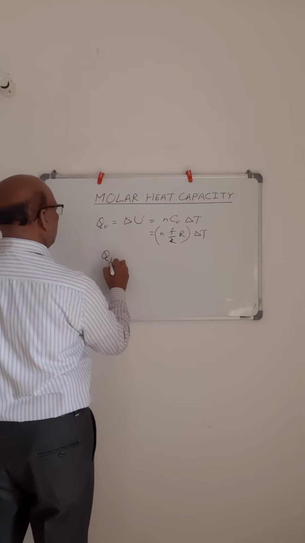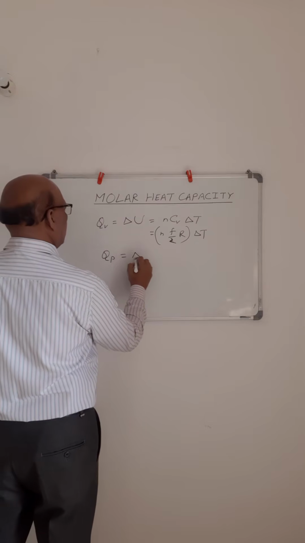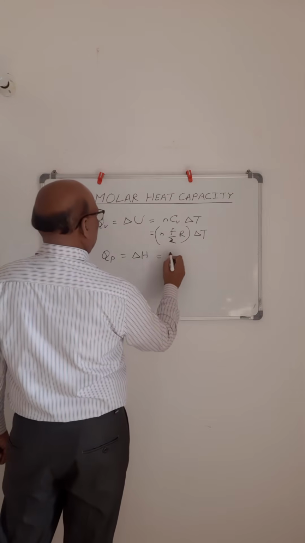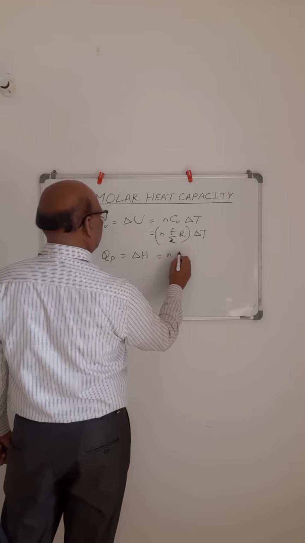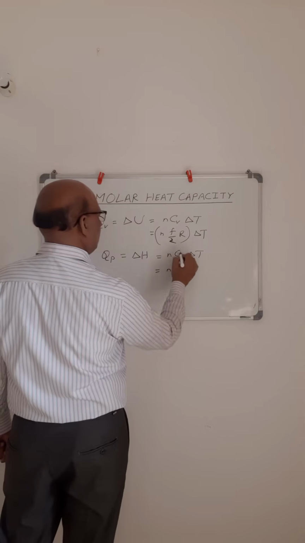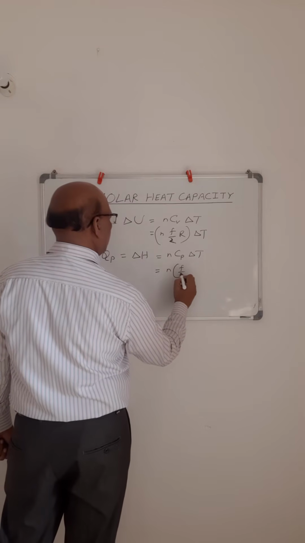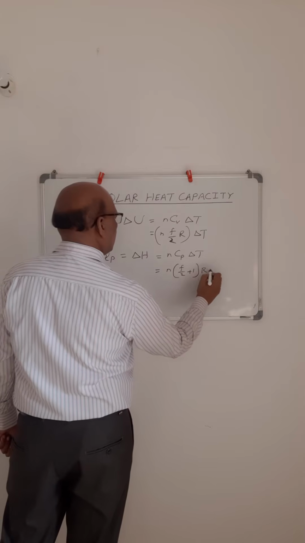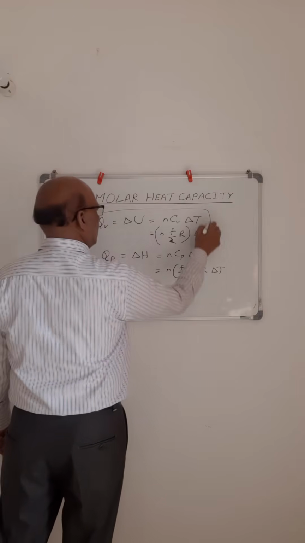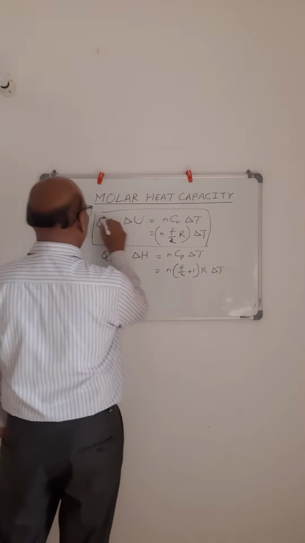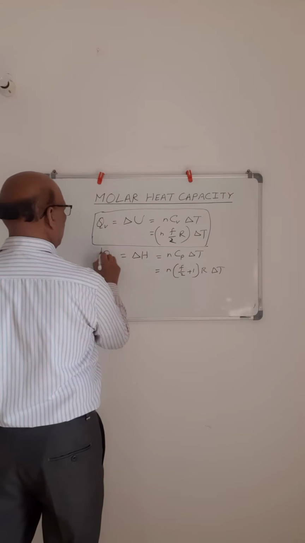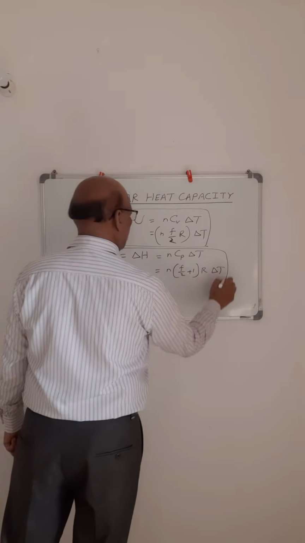If I write the formula for Qp, that will be delta H, that is the increase in enthalpy of the gas, and that will be n Cp delta T. Here n into Cp is Cv plus R, so it will be (F by 2 plus 1) R into delta T. So this is one formula for constant volume, and this is another formula at constant pressure.